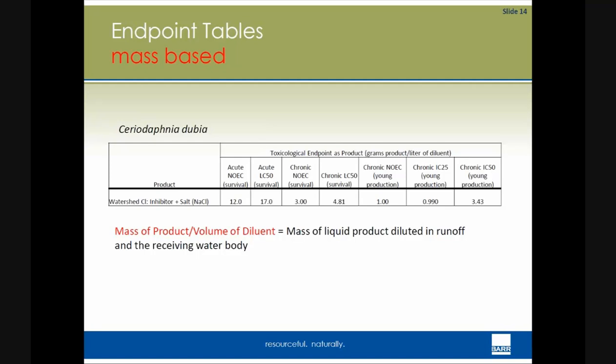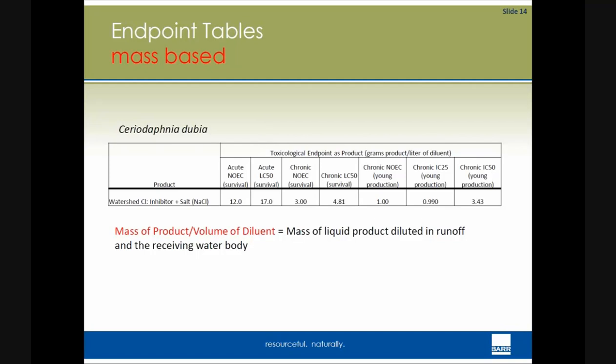And I provided endpoints in 3 different ways. One way was based upon the mass of the product in a volume of diluent, and that volume of diluent somewhat represents the mass of the product diluted in runoff or the receiving water body. So that's kind of the design of the study.